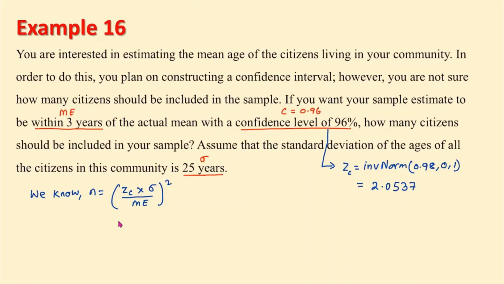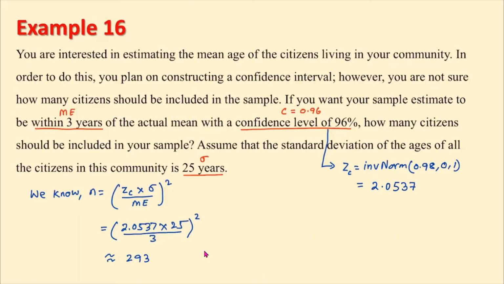Now we plug in the values: 2.0537 times the standard deviation, 25, over the margin of error, 3, and then we square it. We round it up to the next whole number because it is N, the sample size. If we simplify this, it should be 293. So the sample size required is 293.